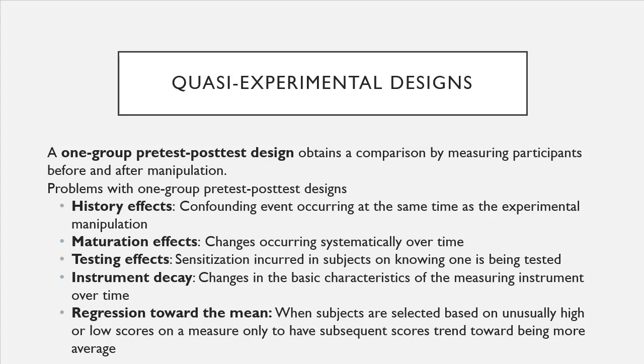For many people, there would just be normal developmental changes, but for some children, they might go through a growth spurt between 5th and 6th grade, and their scores are more related to a larger growth spurt than just regular development that happens through coordination and regular strength. So the maturation effect would be that there was something that changed in some children systematically more than others, and that would be a problem with any kind of pre-test, post-test design, but especially when it happens over time.